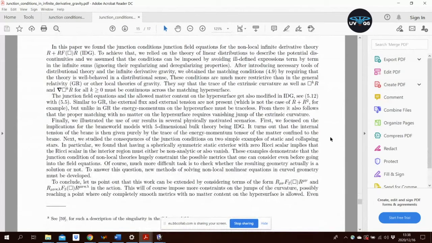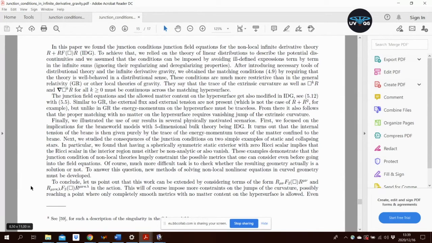But I want to talk about future works on these topics. One of them is to include the quadratic Ricci tensor and the quadratic Riemann in the action to see what these impose on the junction conditions, and probably they are a lot more restrictive, and probably even imply that you need to have the continuity of the metric along the whole space.